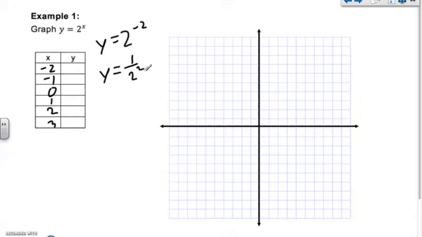So that's 1 over 2 squared, which would be 1 over 4, which is 1/4, or 0.25. So we would go ahead and we would plot that on our graph. We go over -2, and we go up about 1/4 of the way, and we're going to estimate that that's about where 0.25 was. Now we would go ahead and do this for our other values.